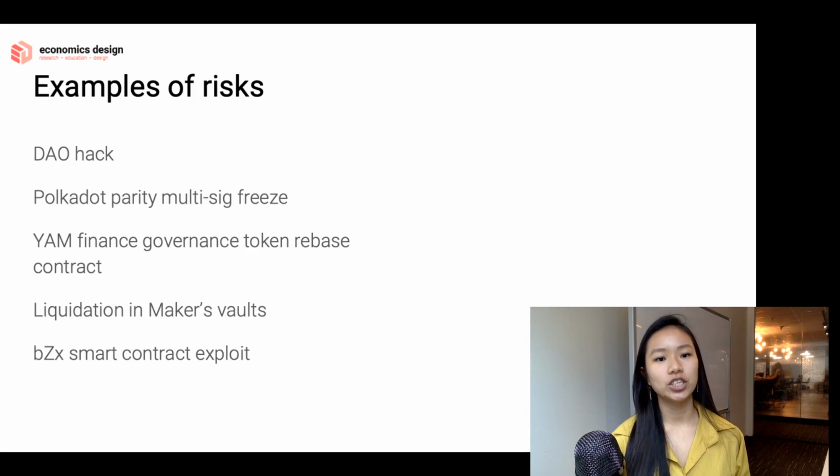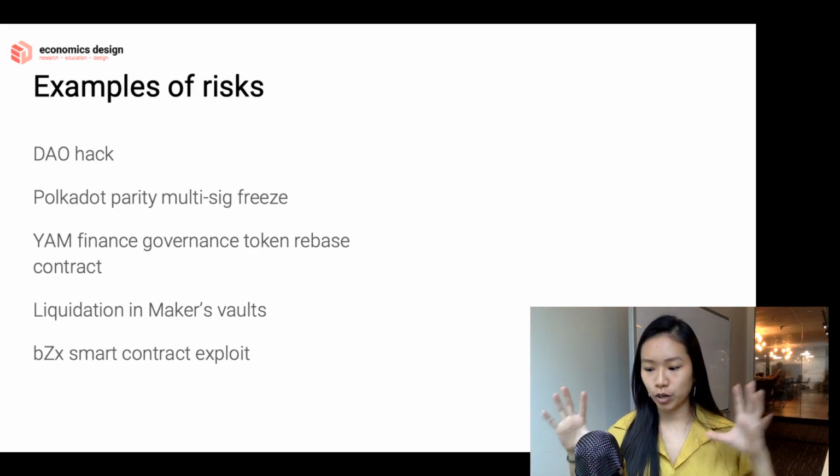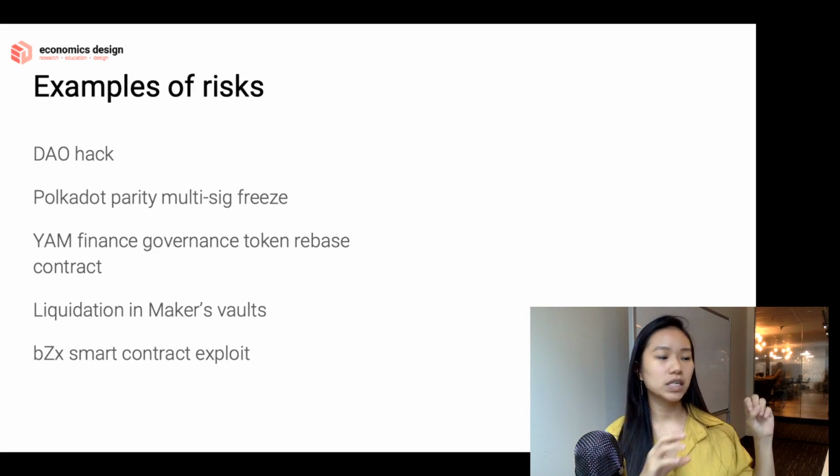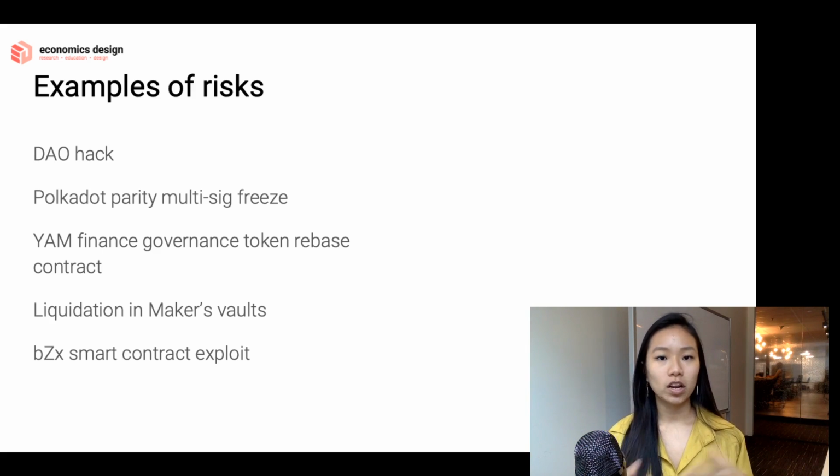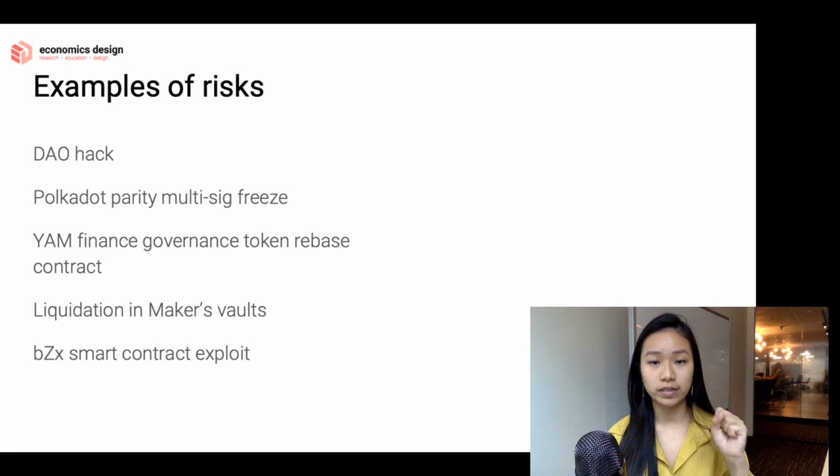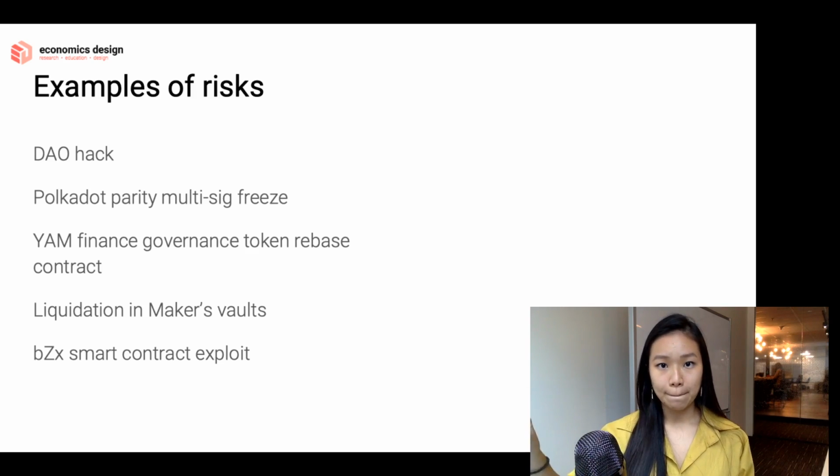Then we have liquidation in the Maker vault. On Black Thursday, March 18th, a lot of value was wiped out in the crypto market, in the DeFi market, and in the traditional financial market. One of the things affected was the Maker vault. When people mint DAI, they put collateral into a CDP to mint DAI.